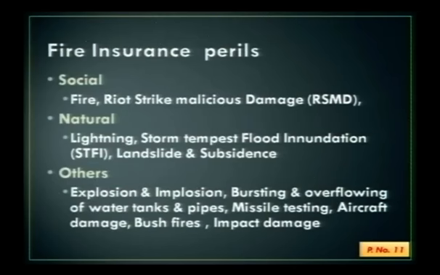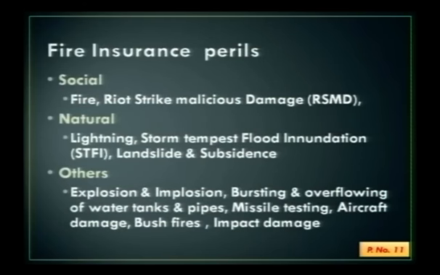So riot and strike are social perils. Malicious damage, which in short we call RSMD. Then we have our natural perils, which is lightning, storm, tempest, flood, inundation. So storm, tempest, flood, inundation, a short form that we use in insurance called STFI.